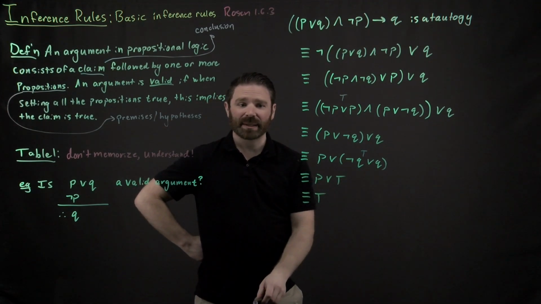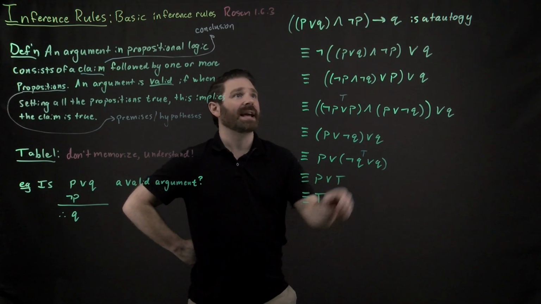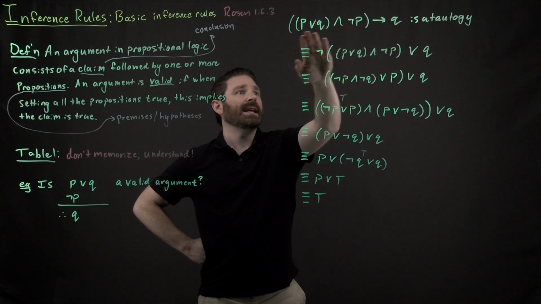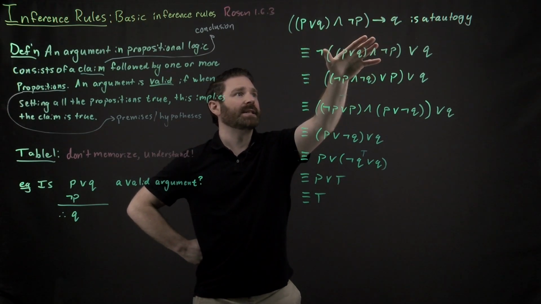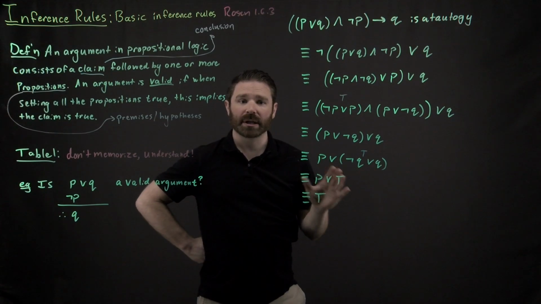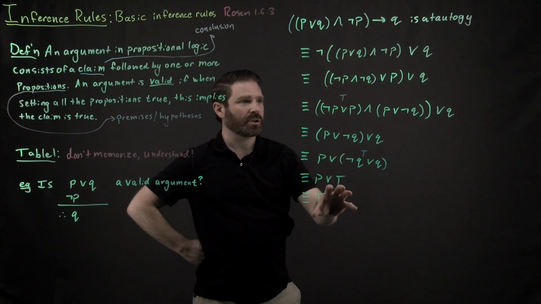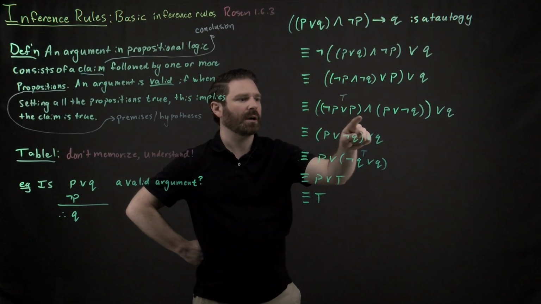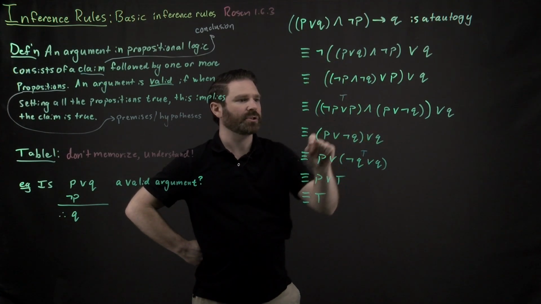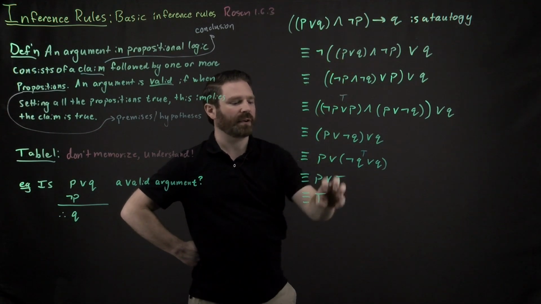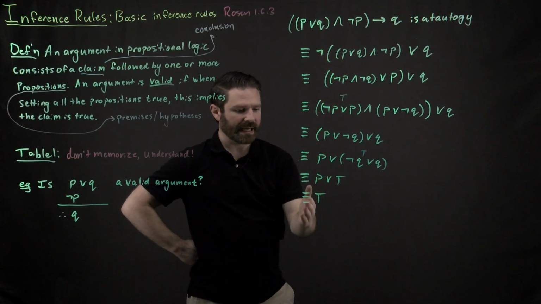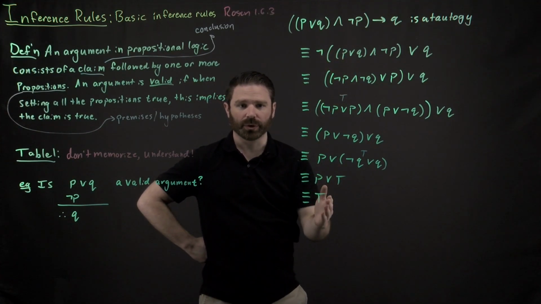So yes, I have been able to successfully show that this expression right here is a tautology. This time not by using a truth table, but by using my different logical operators, De Morgan's law, associativity, distribution, etc., by simplifying this expression right here and showing that it's logically equivalent to true.